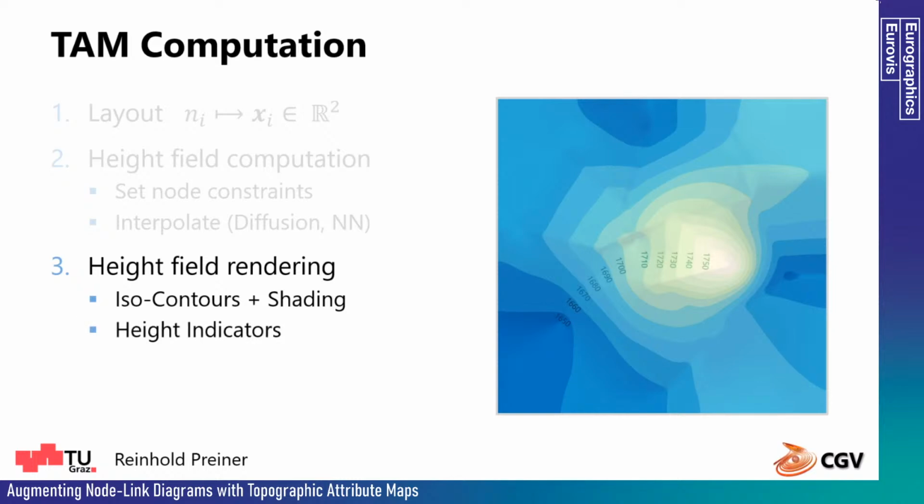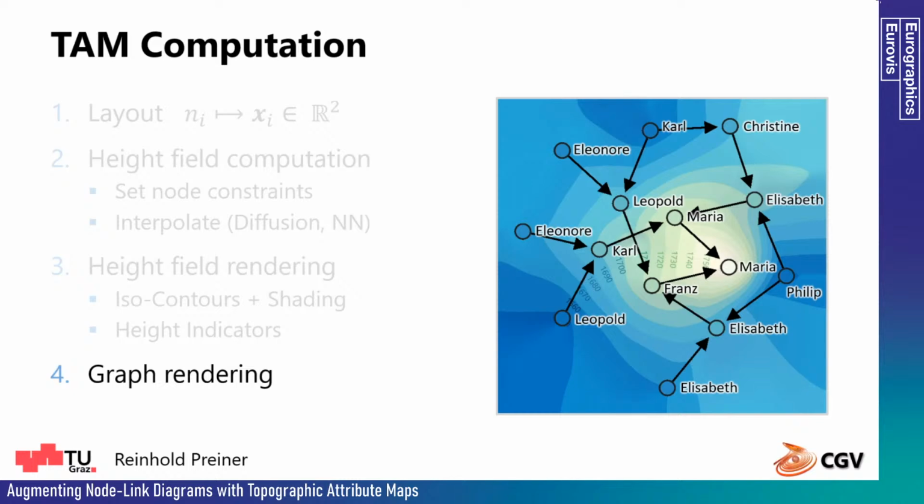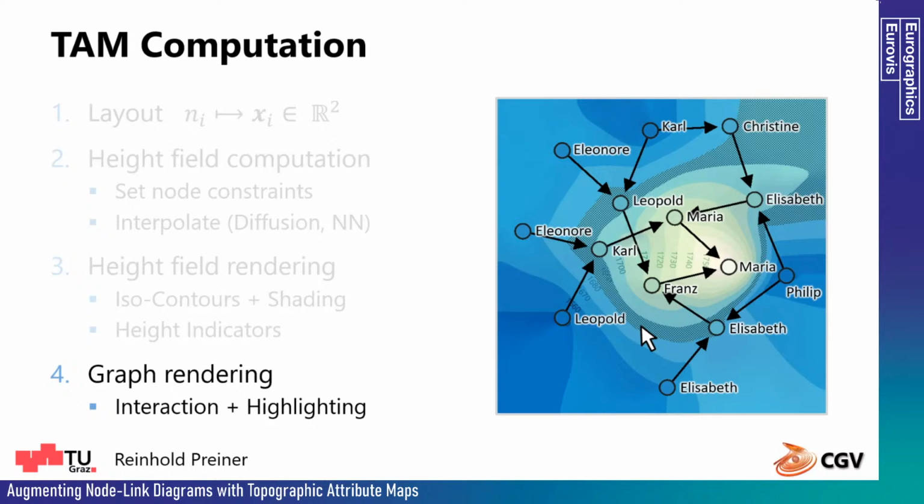So here we start from some random seed locations on the map and then follow the integral curve of the gradient field and place a height label wherever this curve intersects an isocontour boundary. And in the last step, the node link graph is rendered on top of this map using node labels or other additional overlays that you might need for your graph. Additionally, we also allow for interactive highlighting of isocontours to foster explorative or comparative analysis tasks.